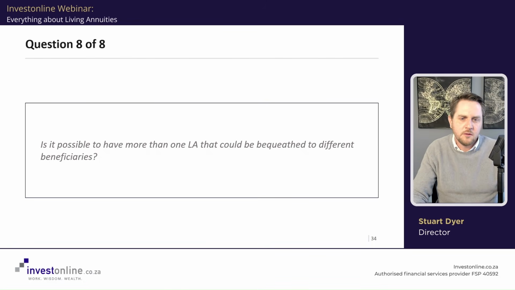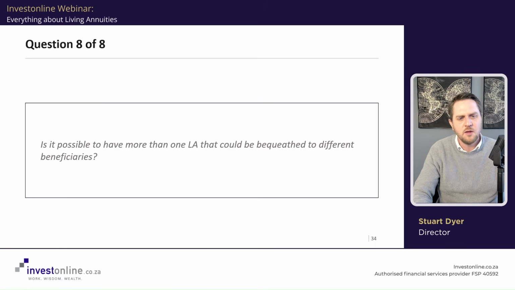Yes, certainly you can. So within a living annuity product, most products give you primary beneficiaries. So you can say one or more than one person who would take the proceeds of the product when you pass away. And then you also have secondary beneficiaries.